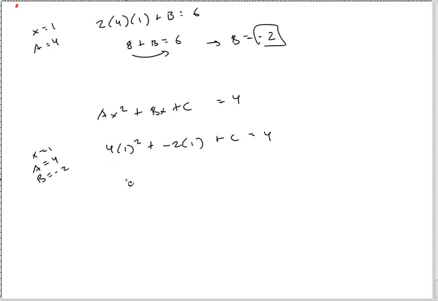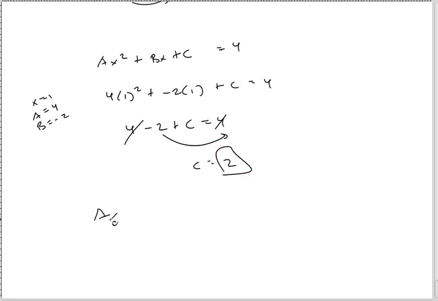So 4 minus 2 plus c is equal to 4. These guys actually cancel, and you move this guy over. C is equal to 2. And so that's my final answer. Let me start over. Ax squared plus bx plus c should be then 4x squared plus negative 2x plus 2. And that's my final answer.